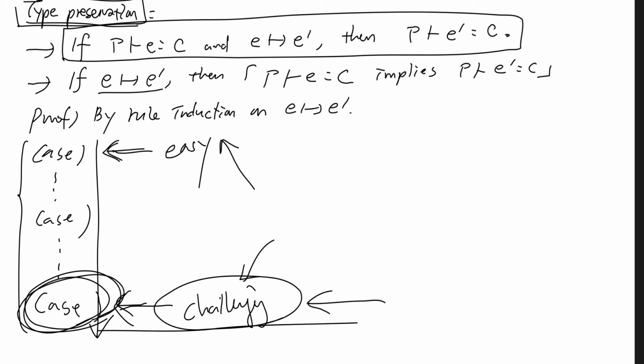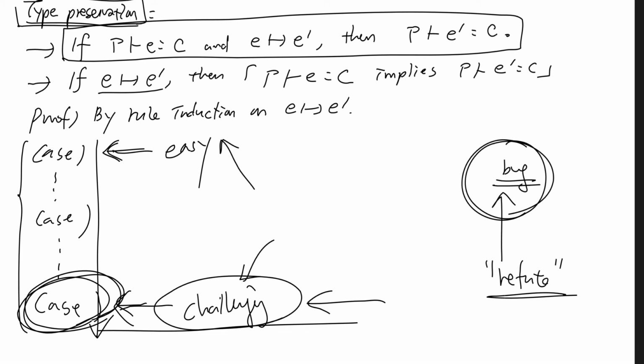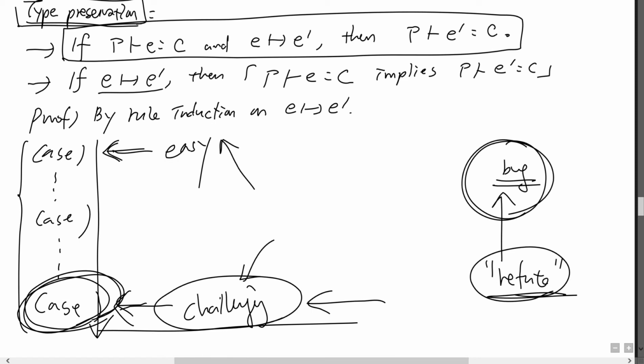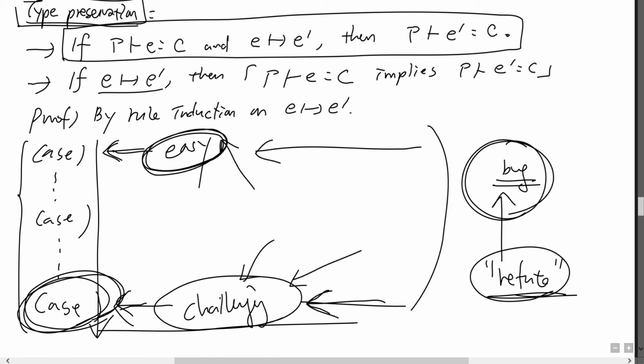Now, let's say you have another statement, but this time you are trying to refute it. You believe that this statement is wrong. You believe that there's some bug in this system, and you are trying to locate the source of this bug. In this case, you want to consider the easiest case first rather than the most challenging case, because it may be that you never need to consider the most challenging case. For example, in the course of analyzing the easiest case, you might find the bug if you are lucky.